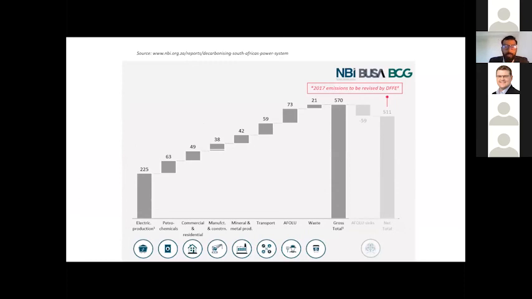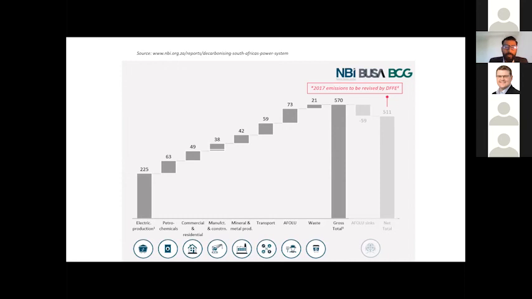Here again, we're looking at the emissions from each sector. It's produced by that same report that was shown previously. And you can see that the electricity production sector is by far responsible for the most emissions in South Africa, and therefore exposed to quite significant transition risk as we transition to a more sustainable future.